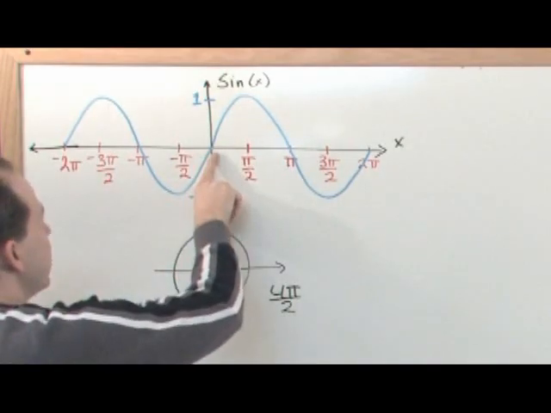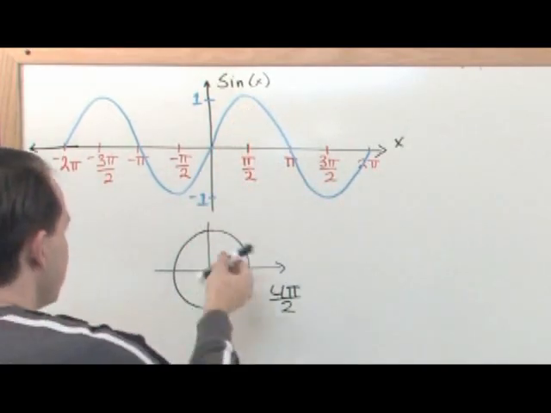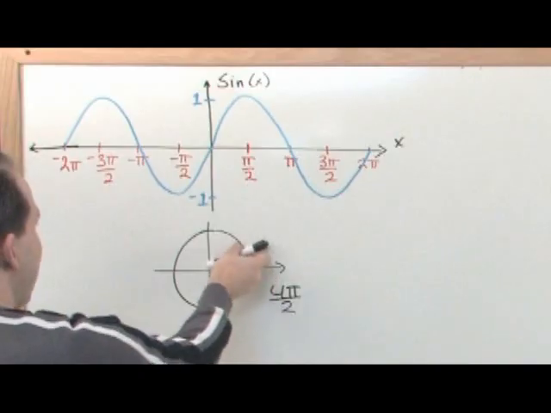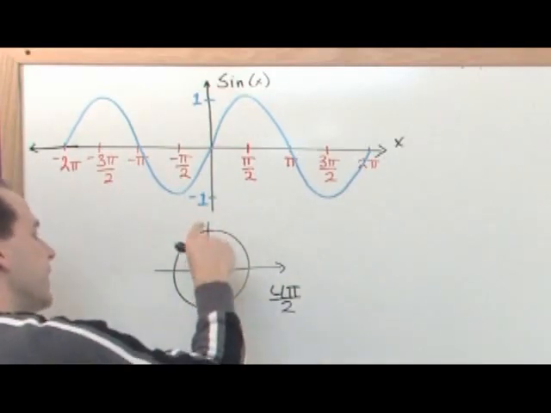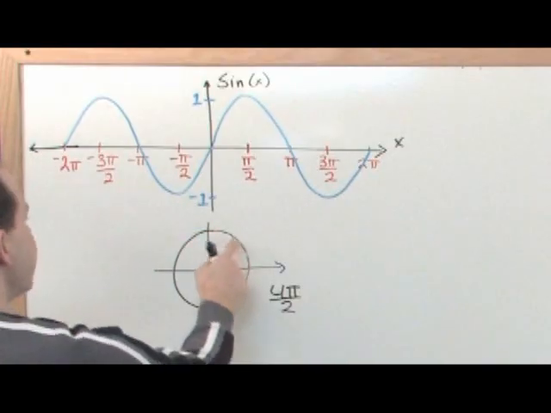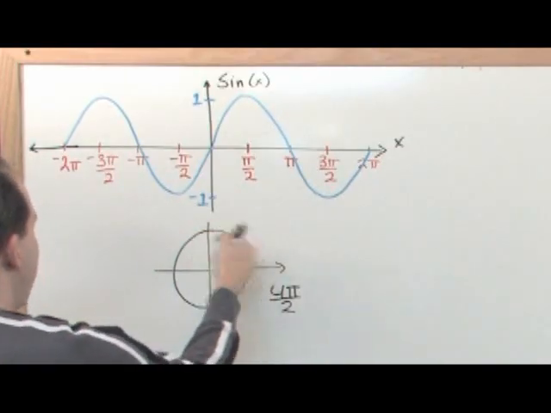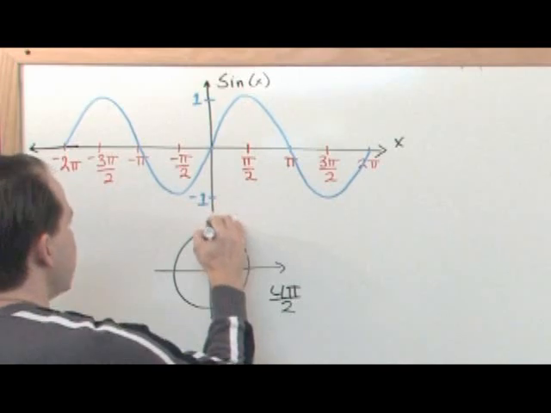You start out at 0, you reach a peak at pi over 2, because as you increase the angle up to pi over 2, the sine, don't forget, is the projection of this circle onto the y-axis, which I haven't labeled here, but that's the y-axis.